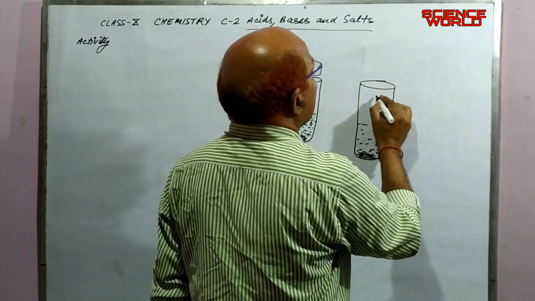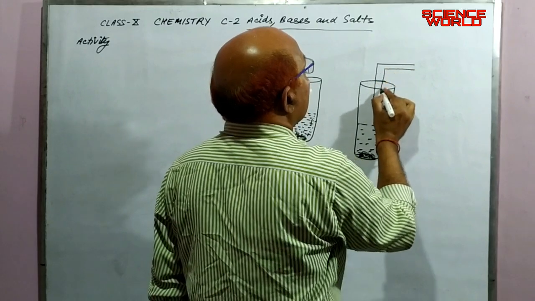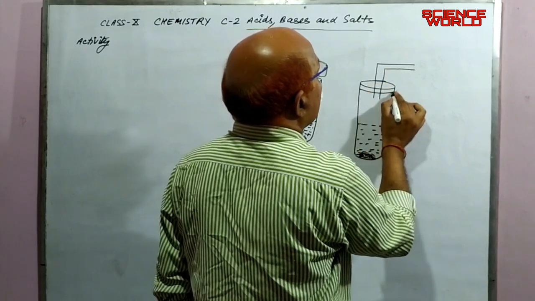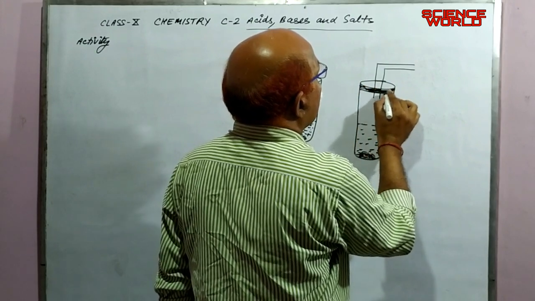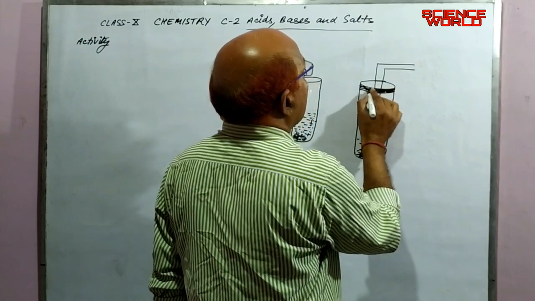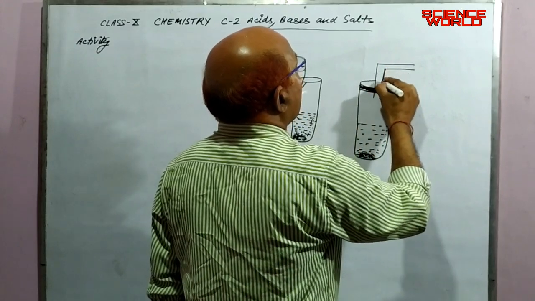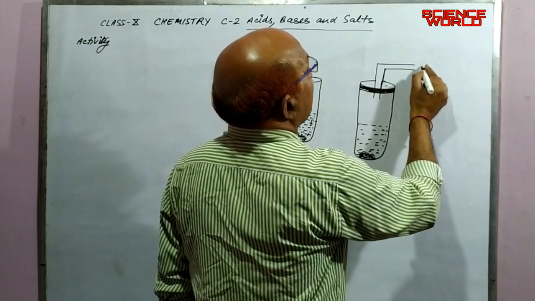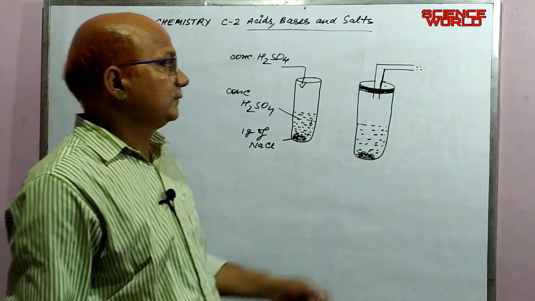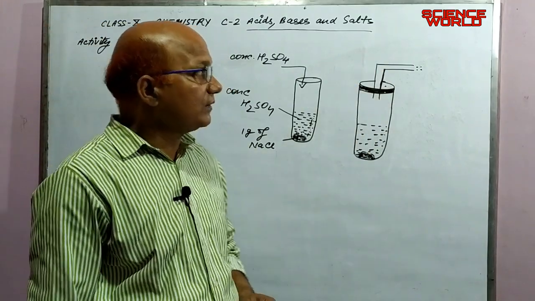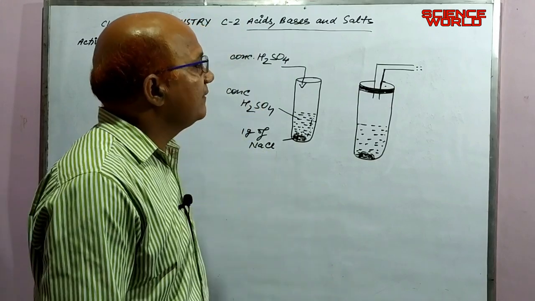Now fit a delivery pipe with the help of a cork. This is the delivery pipe. Now see whether any gas is coming out of the delivery pipe.